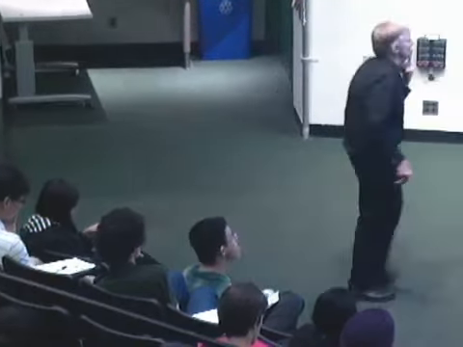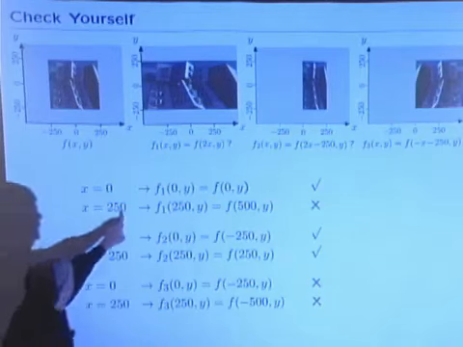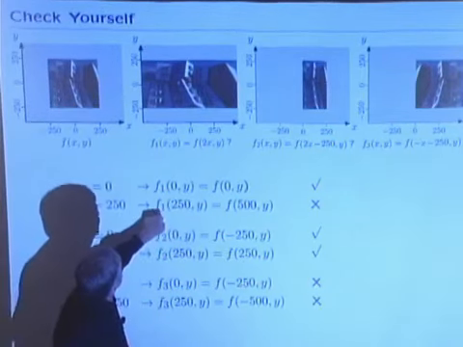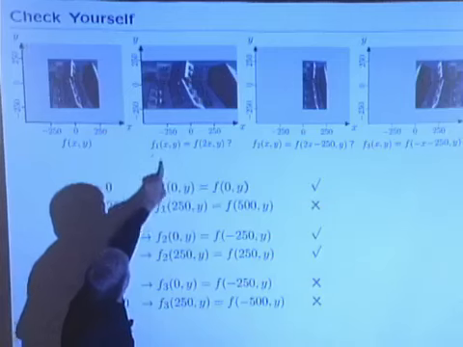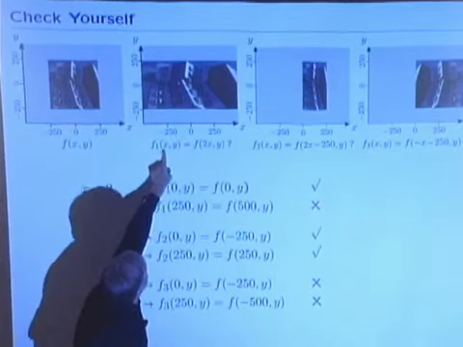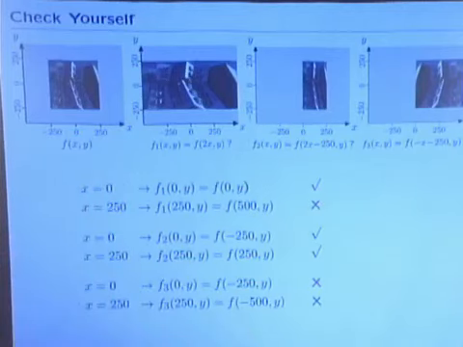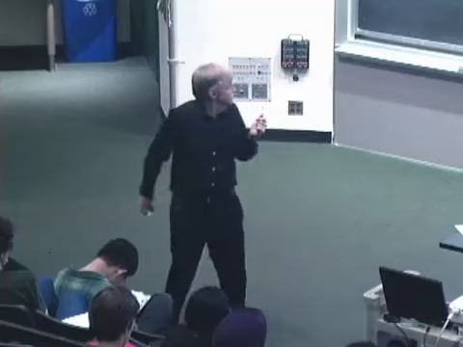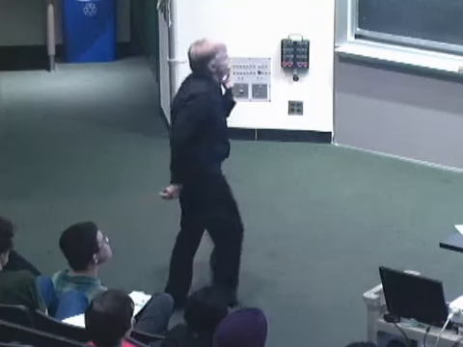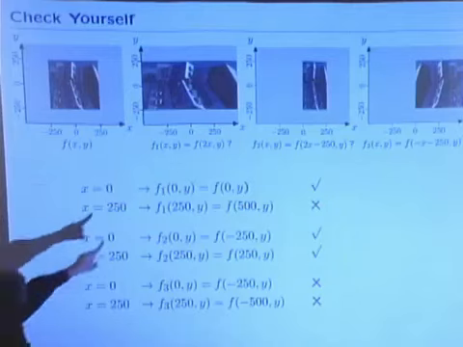Is the statement true for x equals 250? Well, f1 of 250 is through the right-hand side of theta, sort of where the steel and the bricks come together. Is that the same as substituting in here?